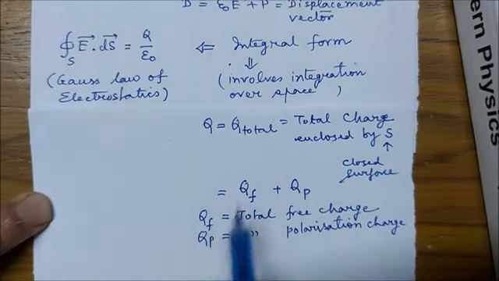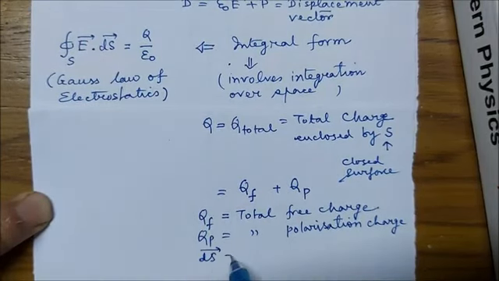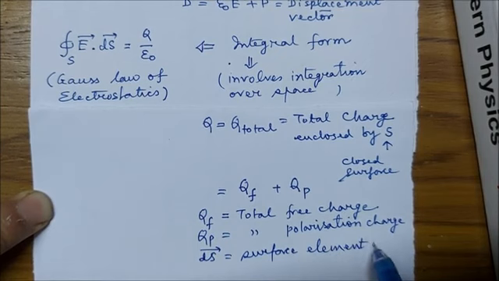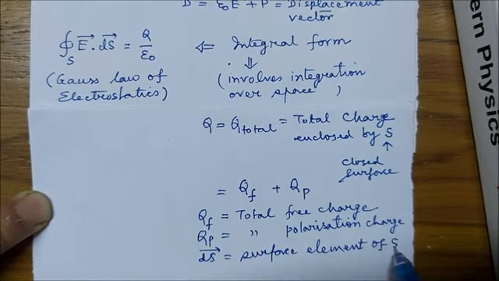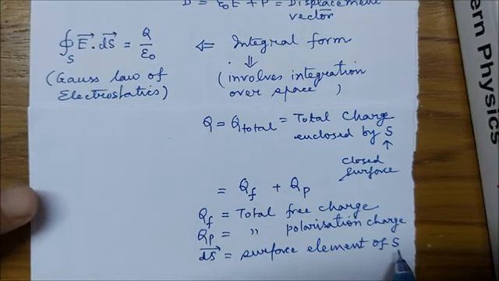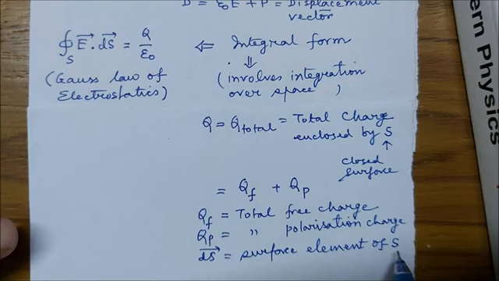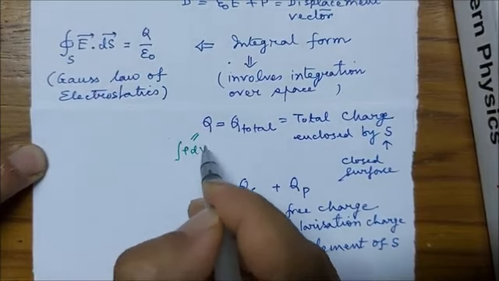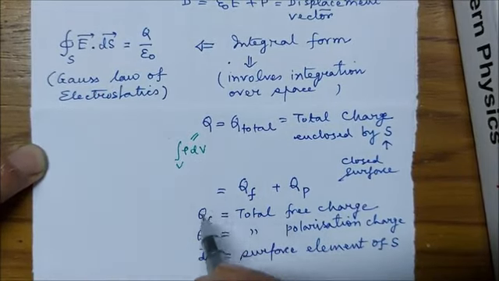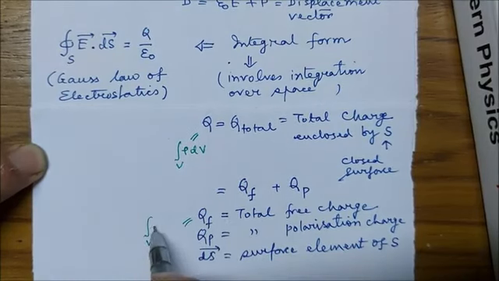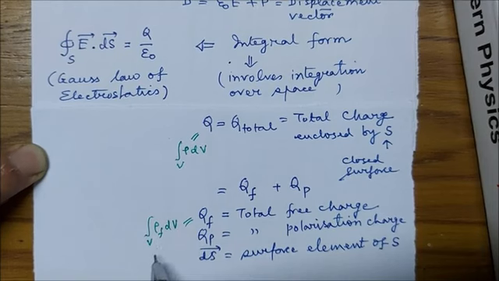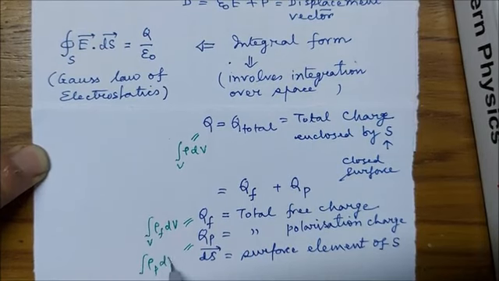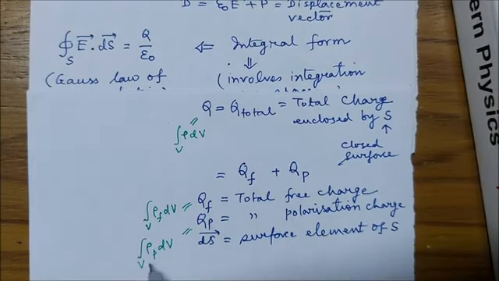And here vector ds is a surface element, a typical surface element of the closed surface S, and it encloses a volume, say capital V, and therefore we can write, instead of Q, integration rho dV over V. QF is integration rho F dV over V, and QP is integration rho P dV, the integration being over the volume V.